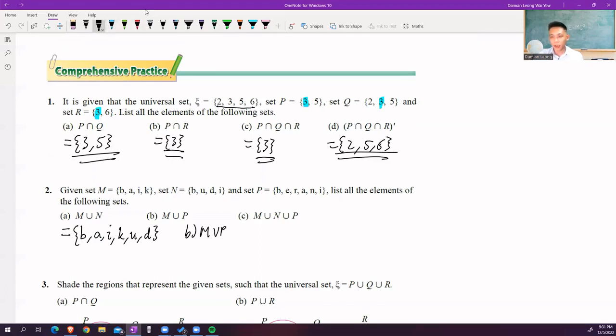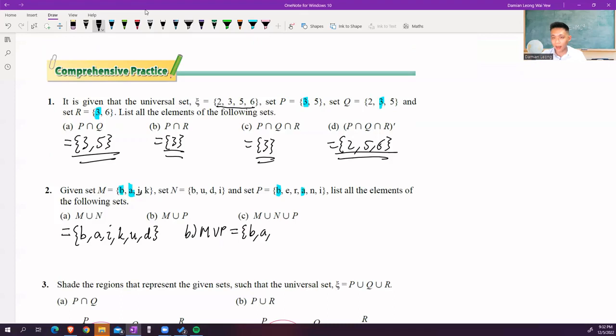Part B, M union P. M union P means set M union with set P. I combine set M with set P together. So B, again, although both of them have it, I only write it once. A, also both of them have, only write once.